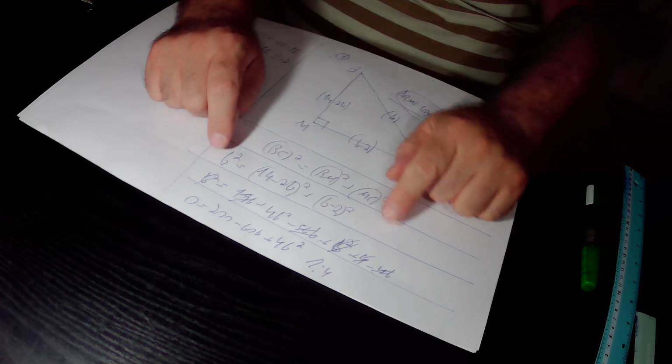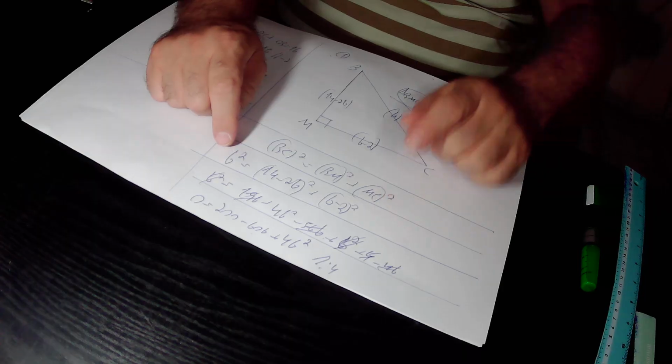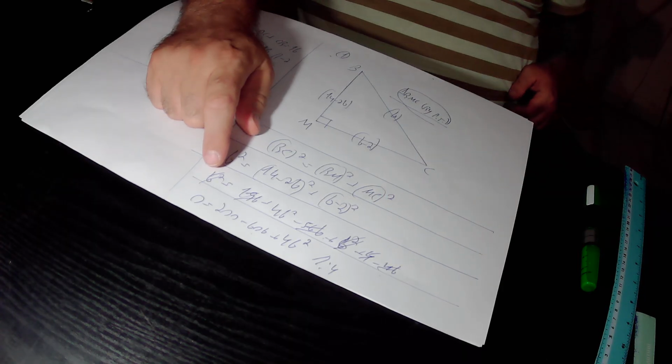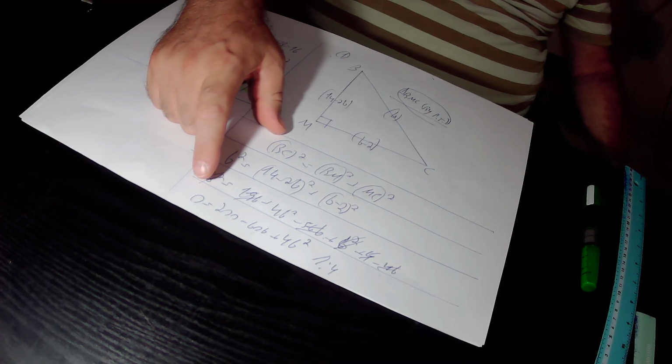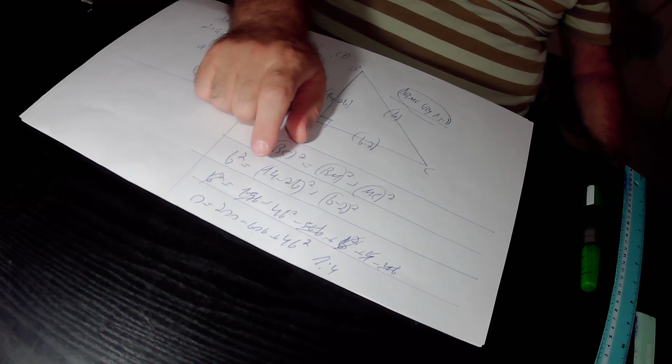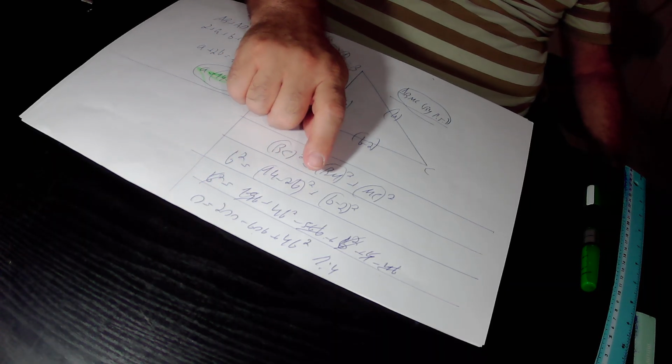On both sides of this equation we have B squared, so B squared will get cancelled. On this side of the equation we have nothing, that is to say 0. On the other side we have 196 plus 4, that is 200.